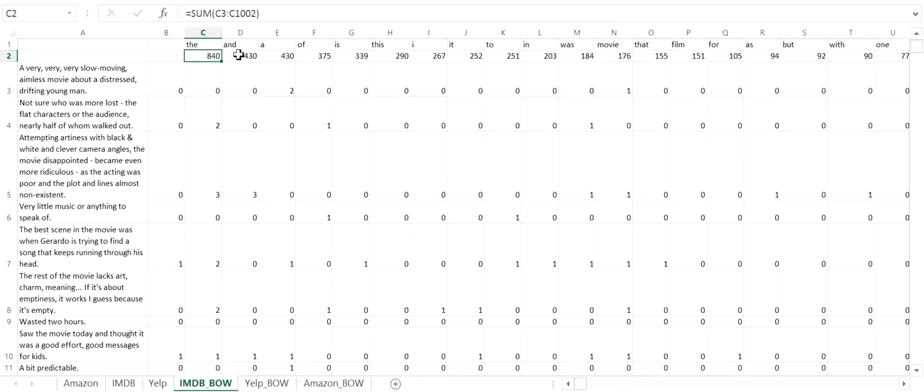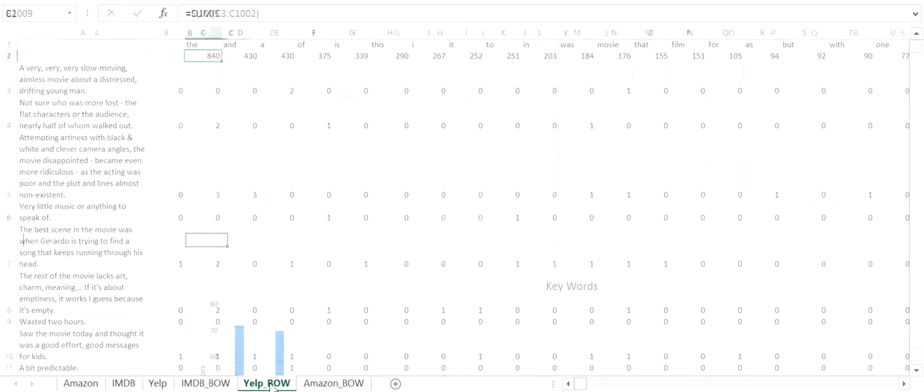Once we were able to sum all of the number of times each word appears, we sorted this data from largest to smallest, left to right. So the most frequently appearing words appear on the left, and then go down to the least frequently appearing.